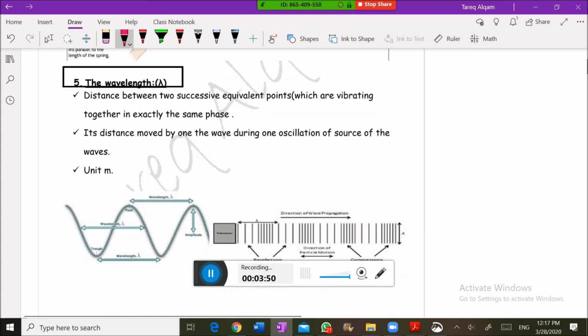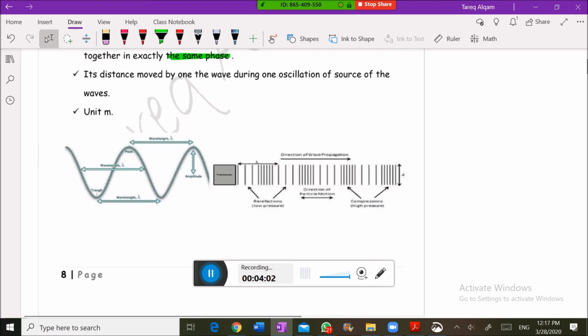Wavelength: if you remember, it is the distance between two successive equivalent points which are vibrating exactly in the same phase. I will explain the same phase later on. For O level, we took the distance from crest to crest or trough to trough. This is the wavelength. Or between the center of compression to the center of the next compression.